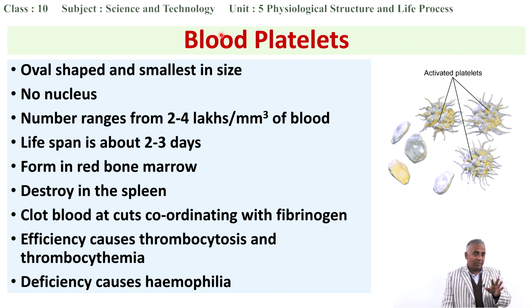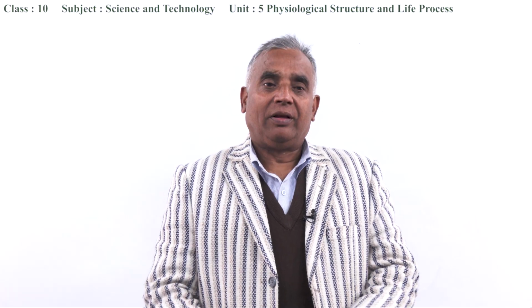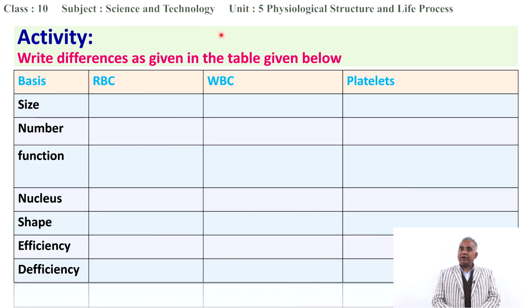So we have finished RBC, WBC and platelets. Now we have to compare them. Here we are going to compare RBC, WBC and blood platelets on the basis of these points. At first, see about size. You do your work first; later we will compare it with the table.